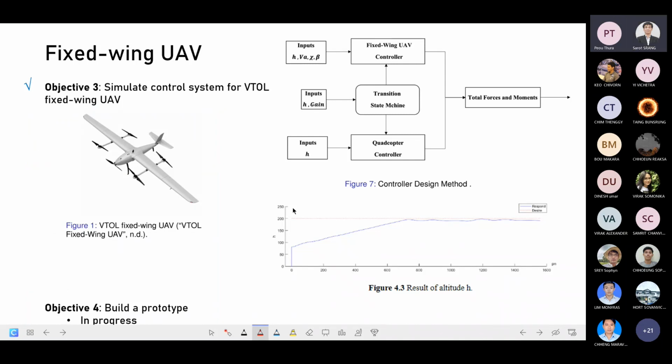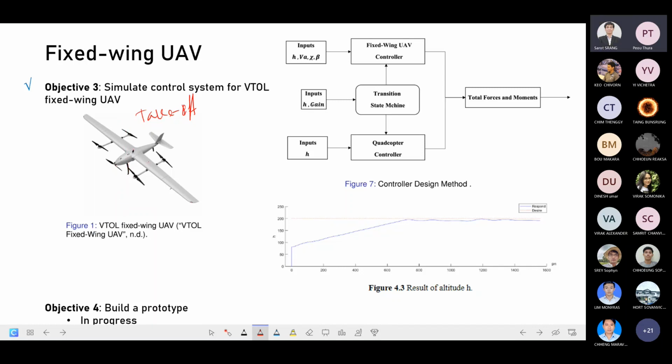And another objective for fixed-wing UAV is to study the controller design for the hybrid UAV, hybrid in terms of takeoff and landing. So this UAV can vertically take off, and vertically land, short time vertical land.